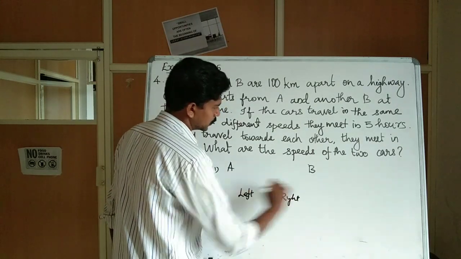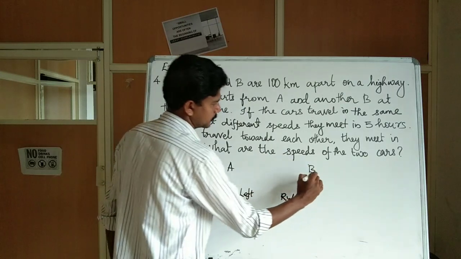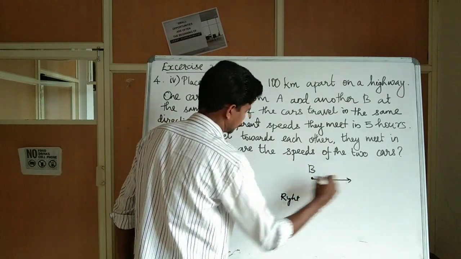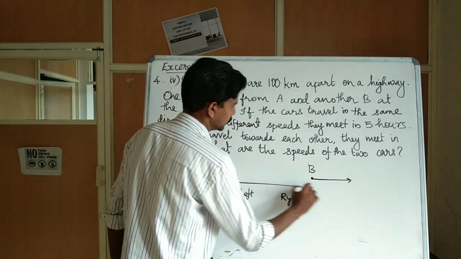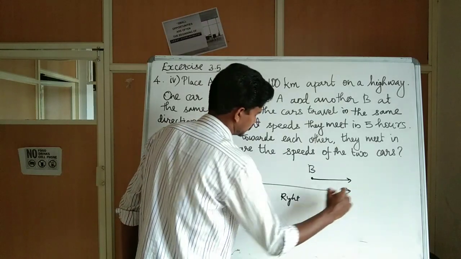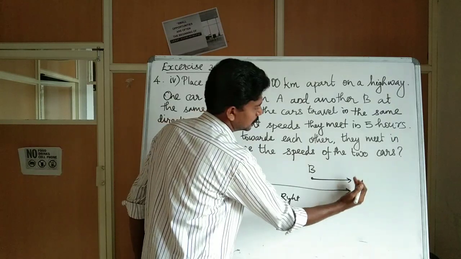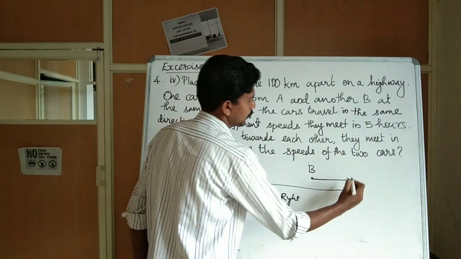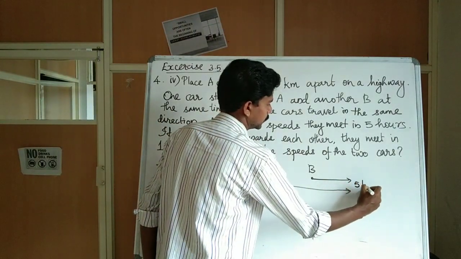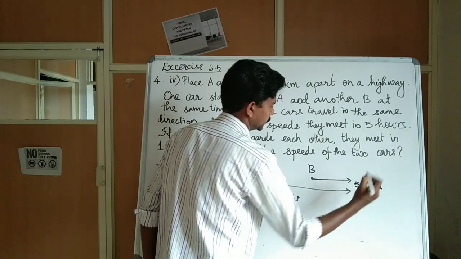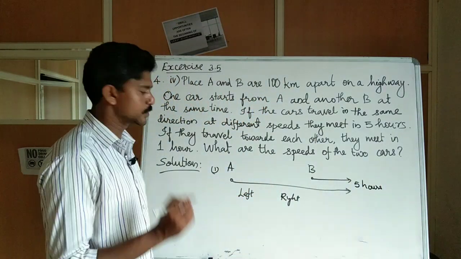For example, two cars are moving towards the right side, the same direction. After 5 hours, the two cars meet each other. This is the first condition.